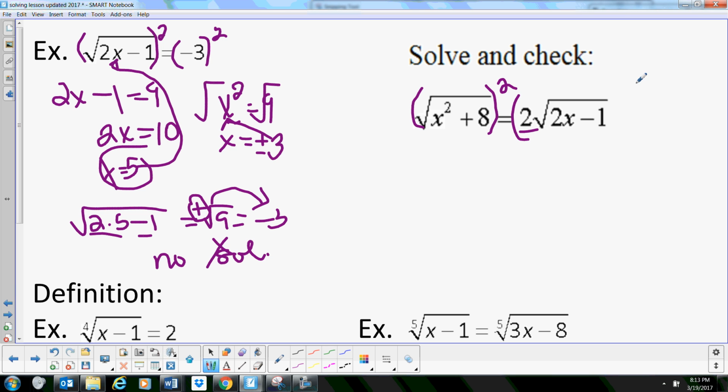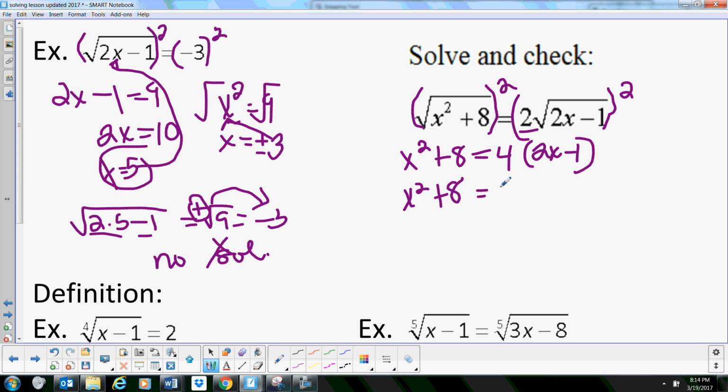So we want to square the entire right side, and then you're going to end up with x squared plus 8 is equal to, and be very careful, this is going to be 4 times 2x minus 1, and then you'll get x squared plus 8 is equal to 8x minus 4. Now let's collect all our like terms.